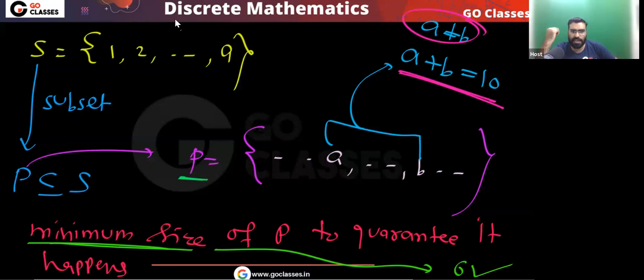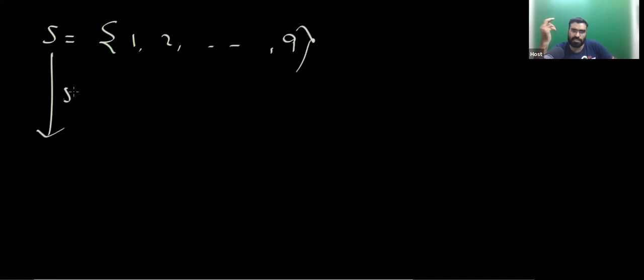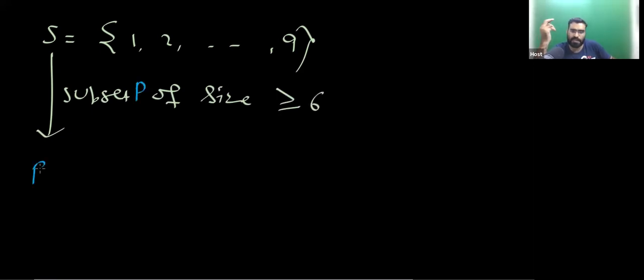If you create any subset of size 6 or more, from this set 1 to 9, whatever you do, if you create a subset of size greater than or equal to 6, then definitely what will happen? Tell me.